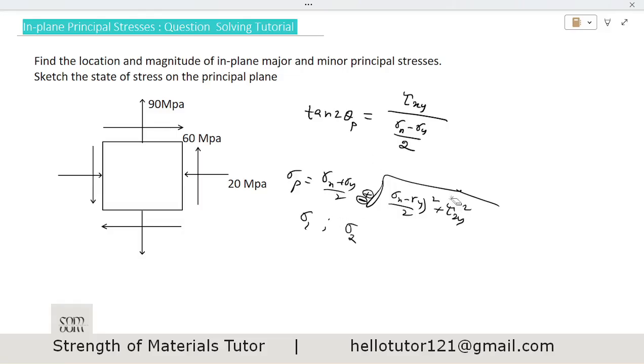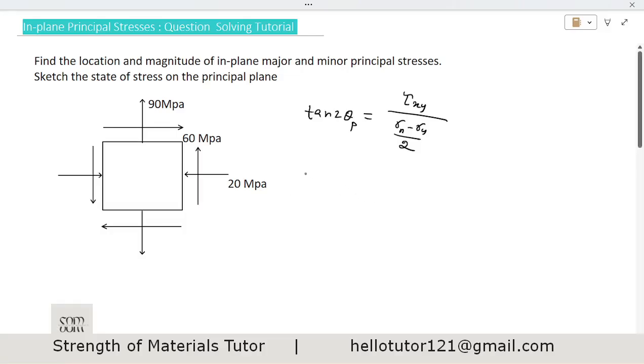So instead of using this formula, we will use the basic standard formula for finding the stresses on an oblique or transformed plane: sigma x prime is equal to sigma x plus sigma y divided by 2, plus sigma x minus sigma y divided by 2 cosine of 2 theta plus tau xy sine of 2 theta.